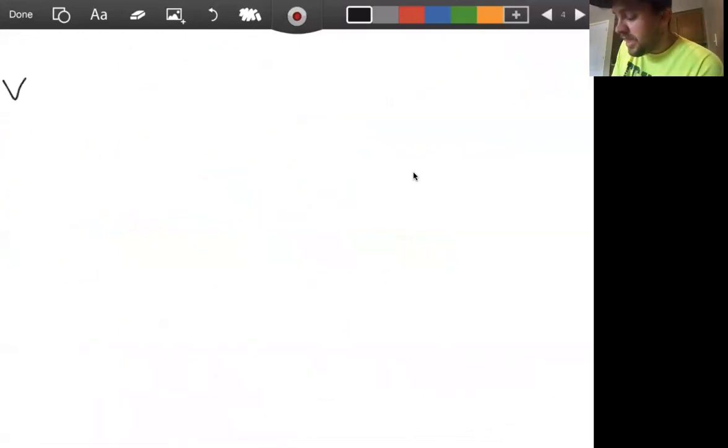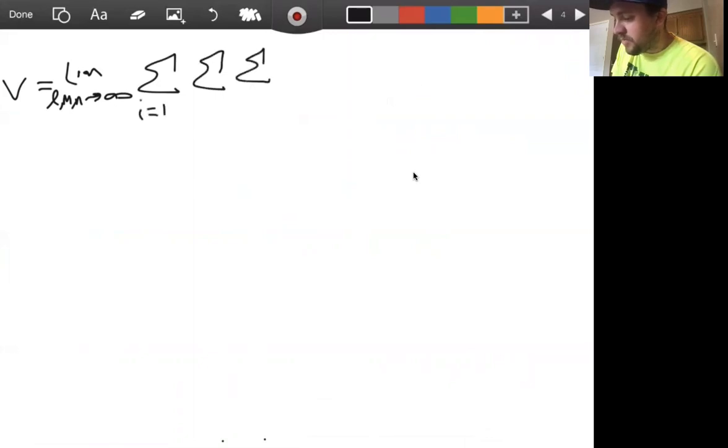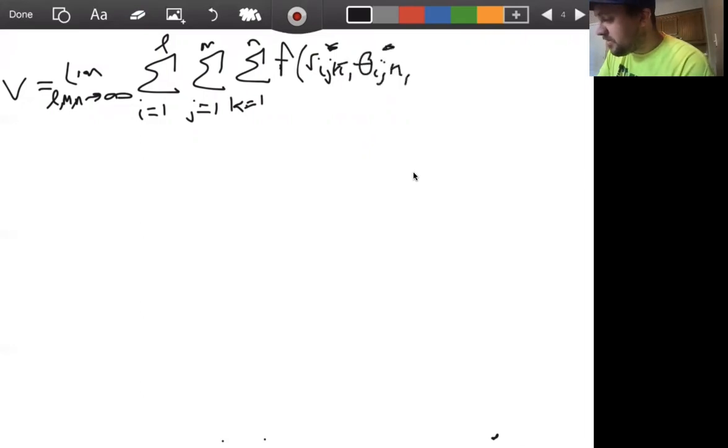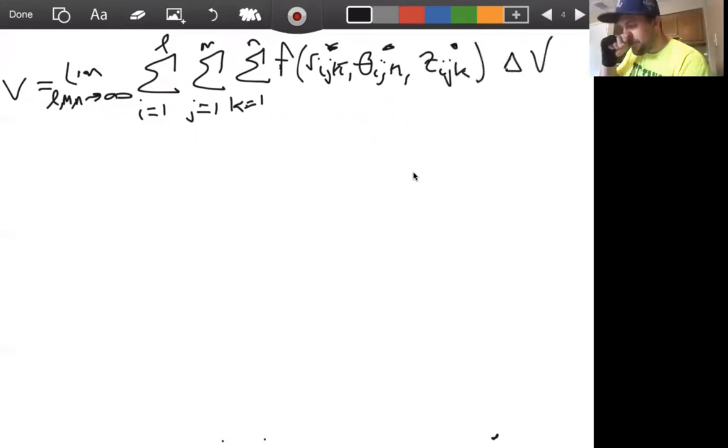And so we have that V is precisely the limit as L, M, and N all tend to infinity of this triple sum, i runs from 1 to L, j runs from 1 to M, k goes from 1 to N of f of our sample point, r_ijk star, theta_ijk star, z_ijk star, and then delta V.